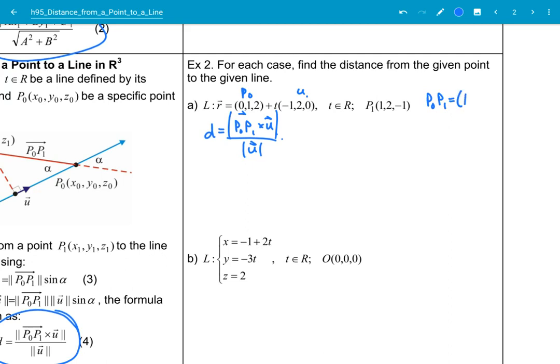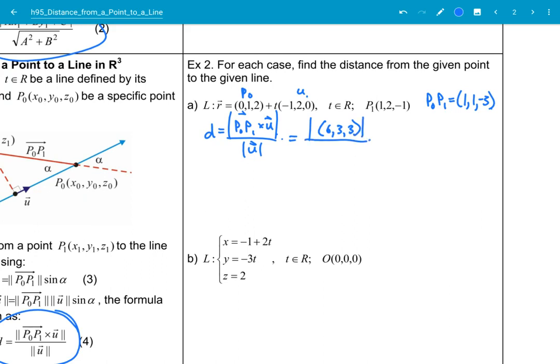I have 1, 1, and negative 3. I'm not going to go through how to do the cross product. I hope that you know how to do the cross product at this point. But we're going to cross them. It doesn't matter which order you cross them in, but to be consistent, P naught P1 should be first. But we get 6, 3, 3.